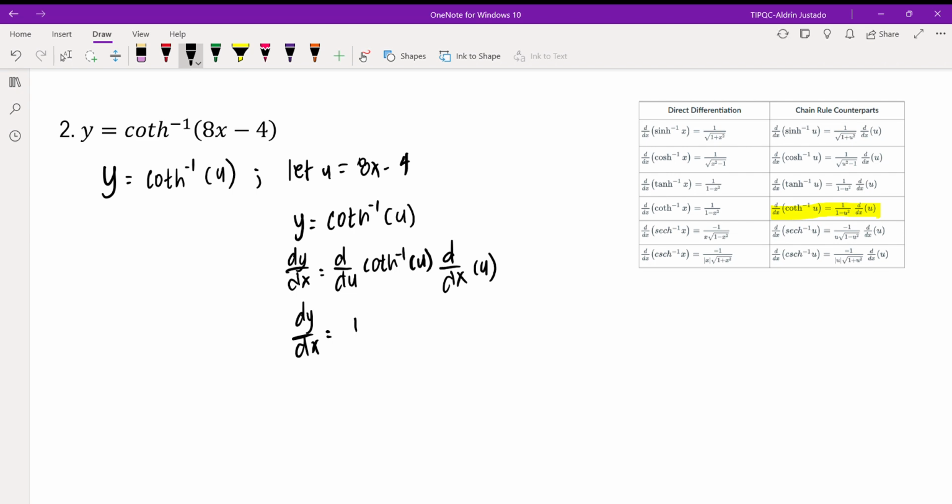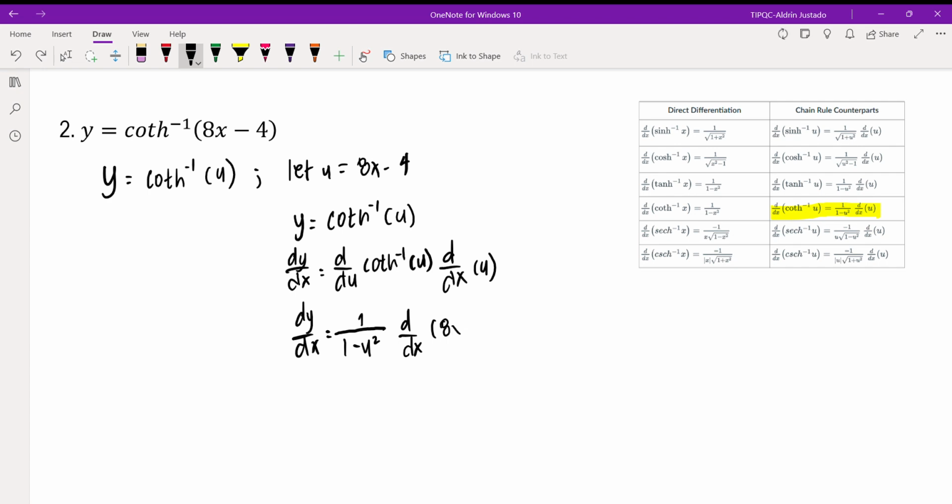1 over 1 minus u squared times the derivative of your u, which is 8x minus 4. Okay?